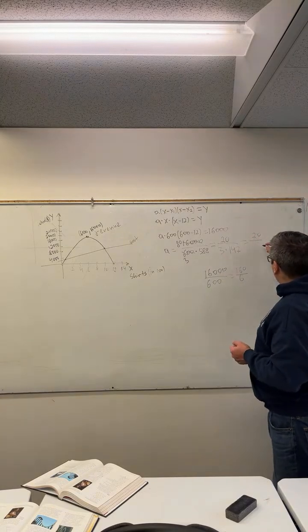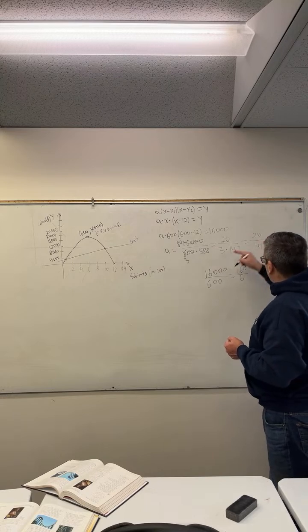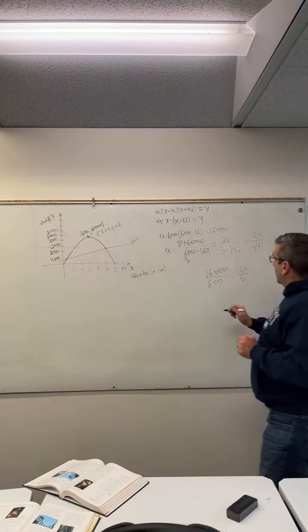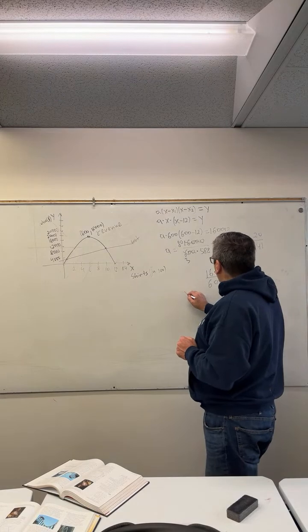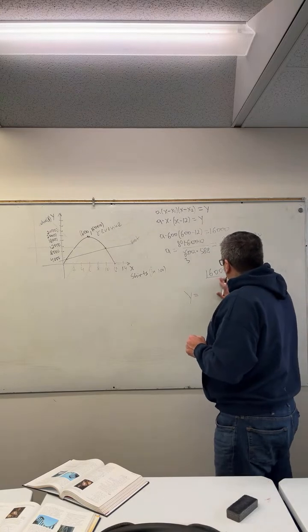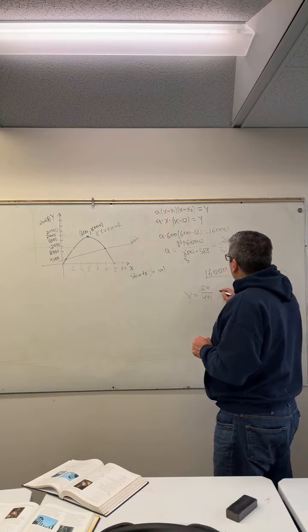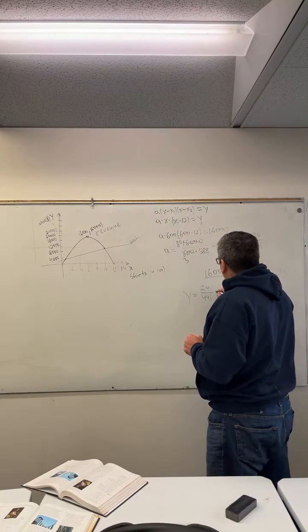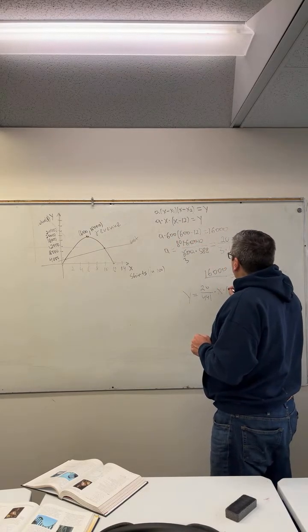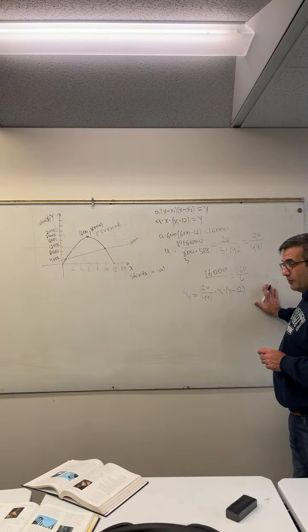So 3 times 147 is 441. Okay, so we have our first equation: y equals 20 over 441 times x times x minus 12.